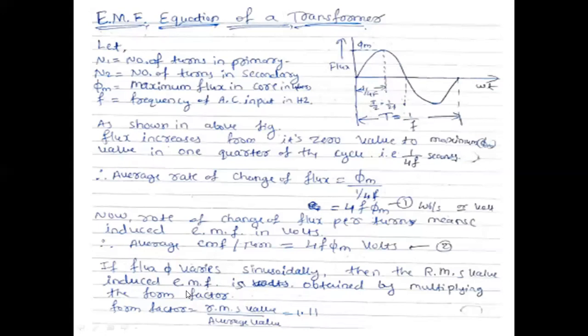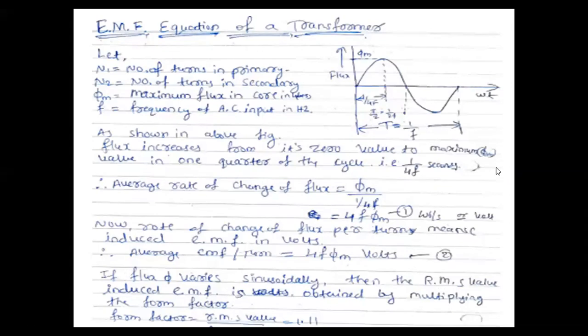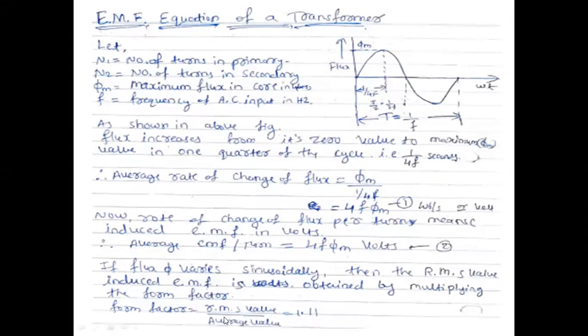But the formula for the form factor is RMS value divided by average value. Form factor is always 1.11. So RMS value divided by average value equal to 1.11. We can write like this.